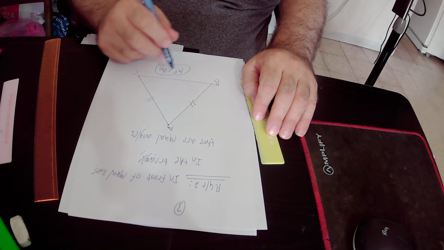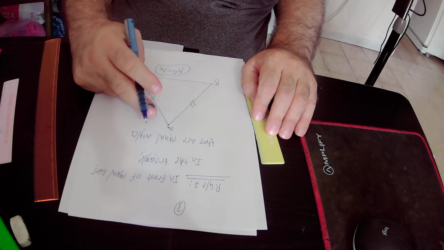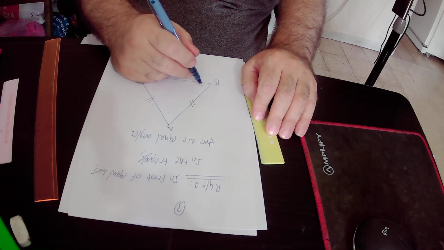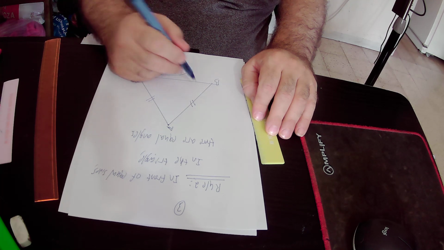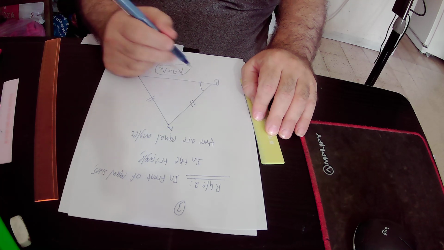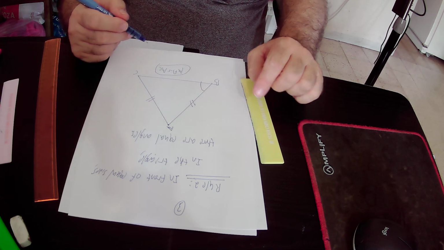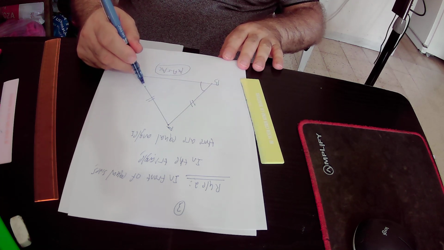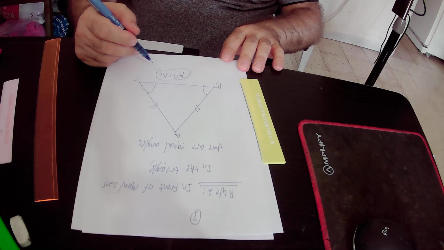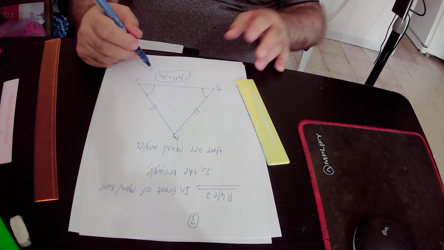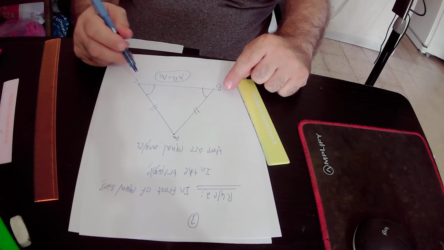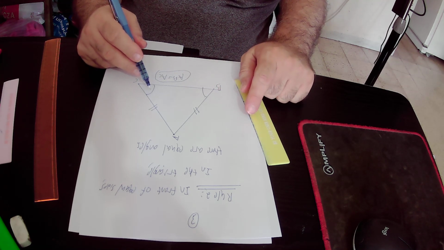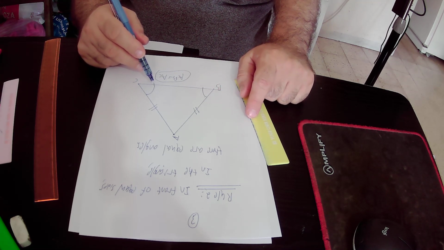So in front of side AC we have angle ABC, and in front of side AB that equals side AC we have angle ACB. According to rule number 2, those two angles that are located in front of equal sides in the triangle are also equal to each other.